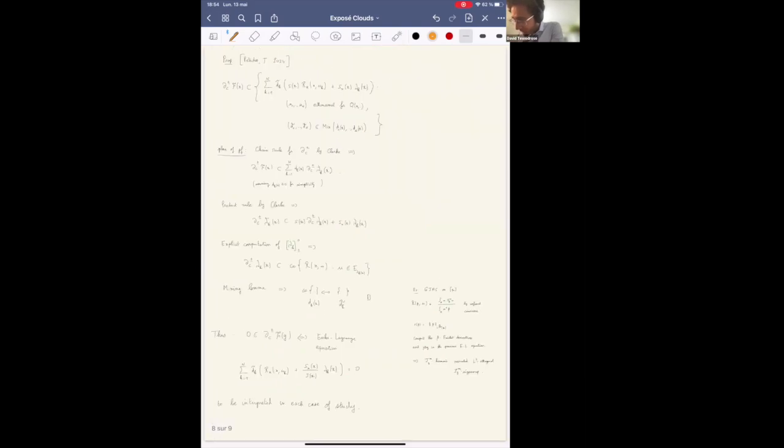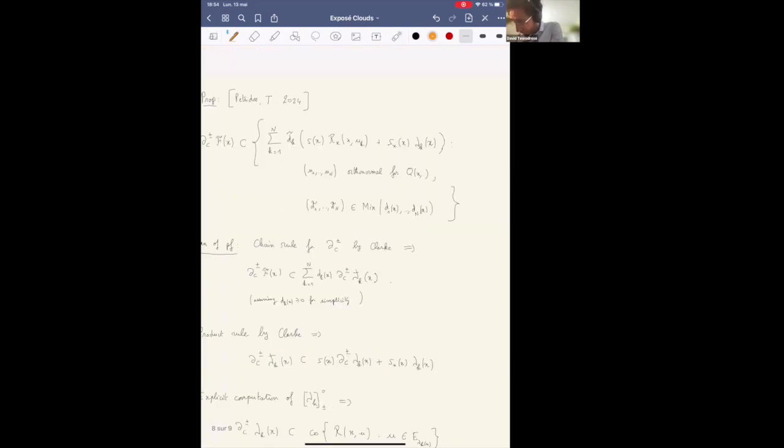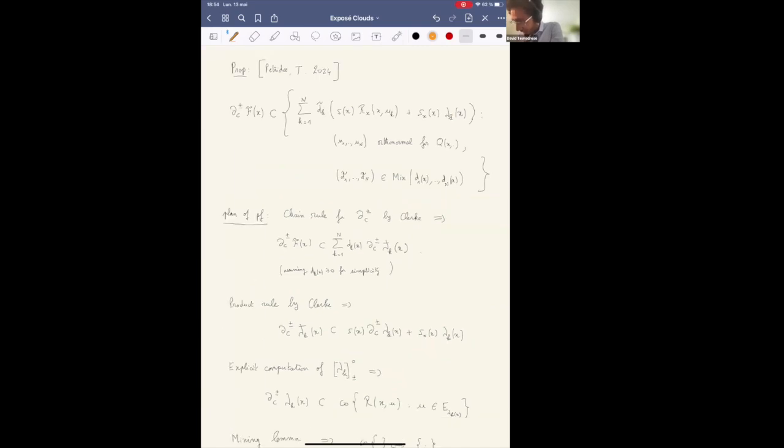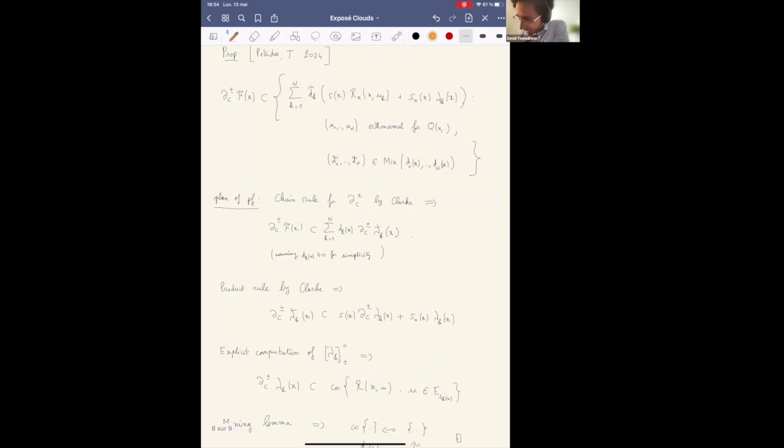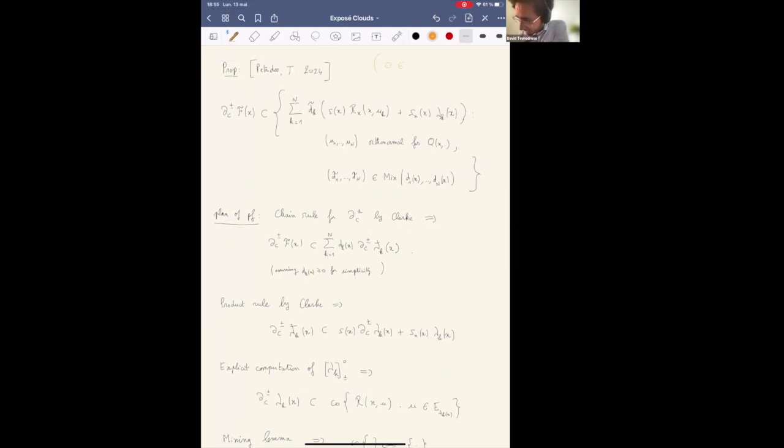The main proposition that allows us to work in all the concrete settings is the following. Remember, the definition of criticality that we propose is that 0 belongs to the union of the sub and super differentials at the point x.